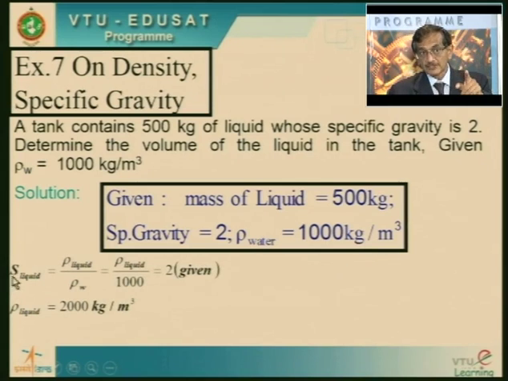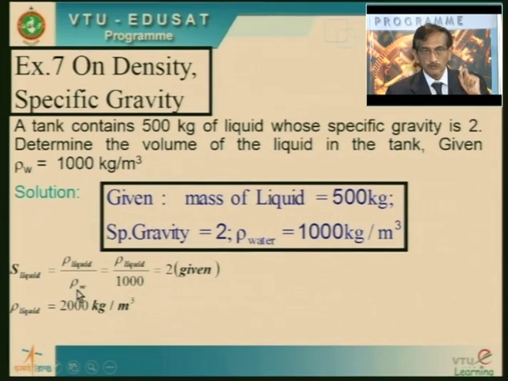What is the specific gravity of the liquid? I think my students know it is the density of the liquid divided by density of water. I repeat, specific gravity of the liquid is the ratio of the density of the liquid divided by density of water. Okay.